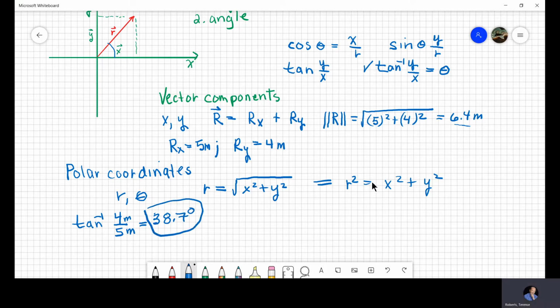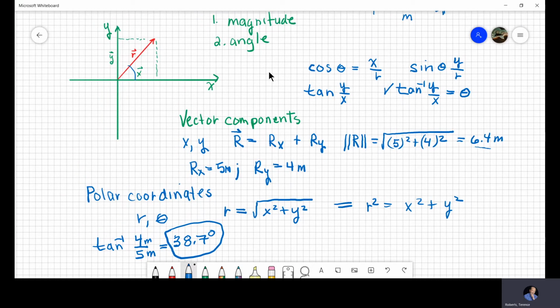So that is our answer right there. So we have 38.7 degrees from the positive x-axis rotating counterclockwise.